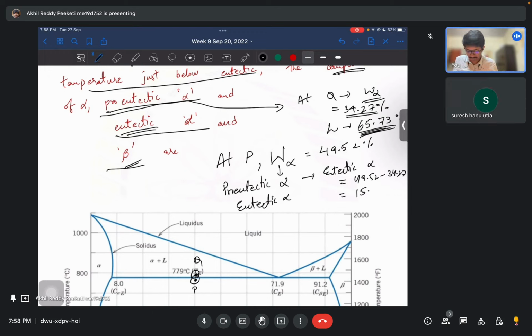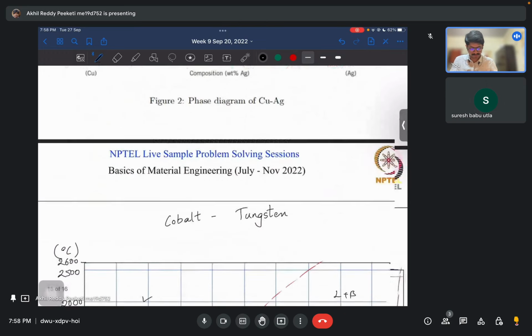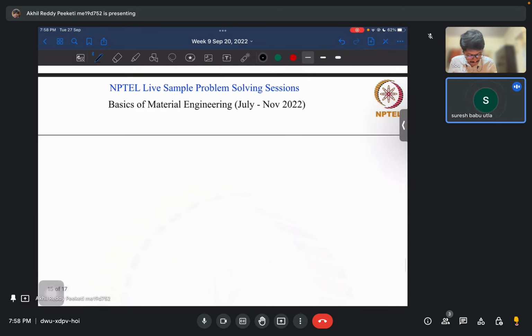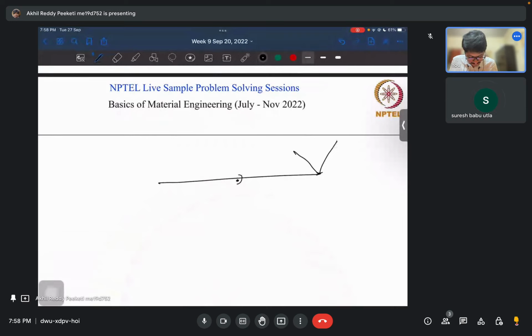So 15.25%. Basically, think of it like three phases. Below the eutectic point, somewhere here, we have primary alpha, P alpha I am denoting, eutectic mixture alpha, and eutectic mixture beta.